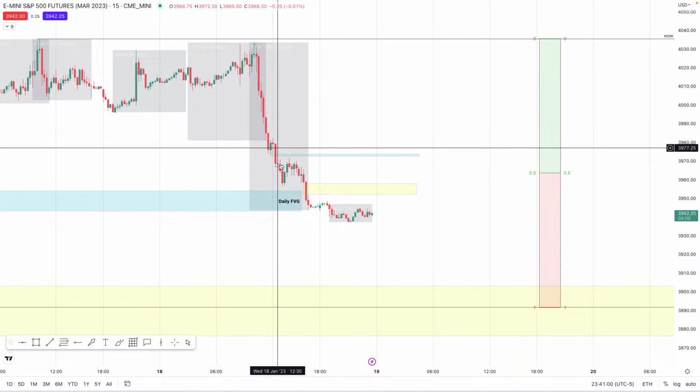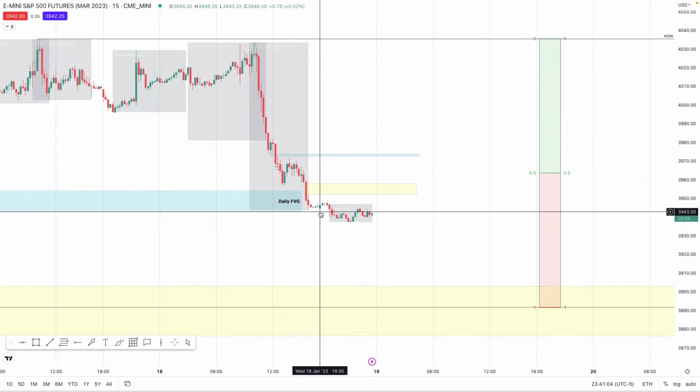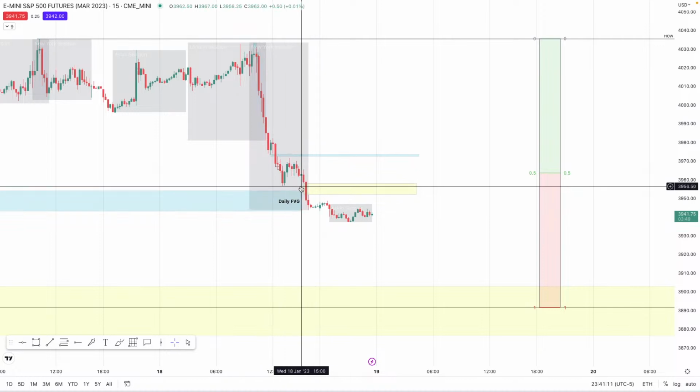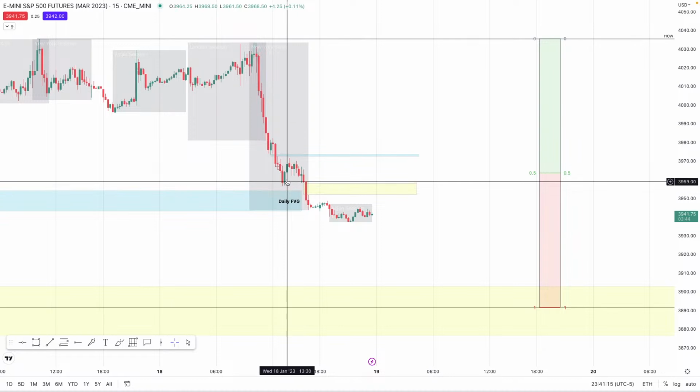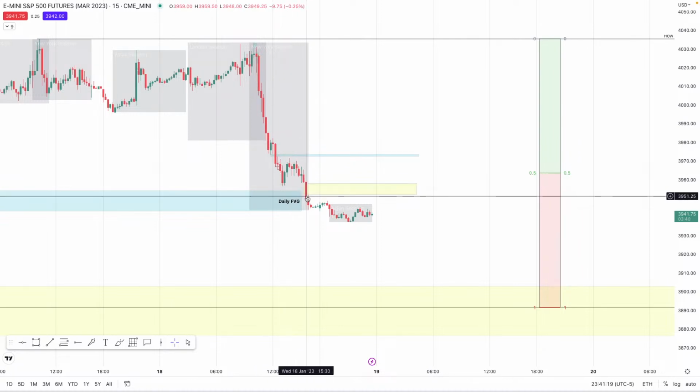So we came down: swing high, swing low, swing high, and then a swing low. This to me is going to be a point of interest just because this can act as a breaker. This is unbalanced.